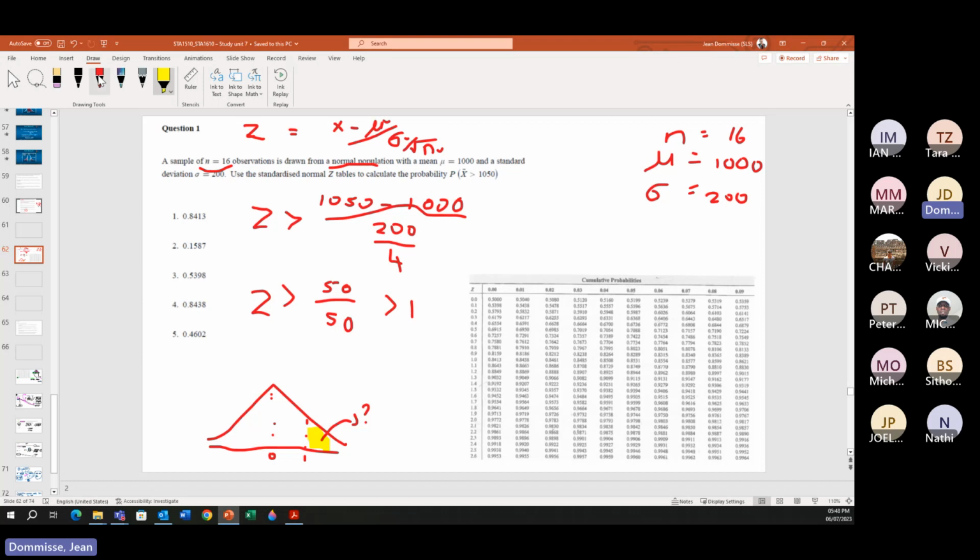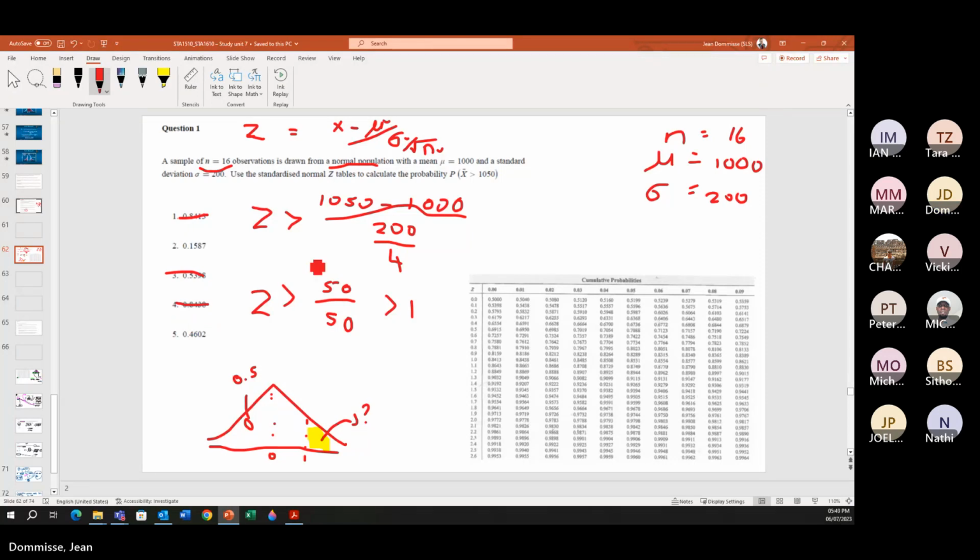We know already that this portion is 0.5. So whatever that small portion is, it is going to be smaller than 0.5. So out of these, I could have already eliminated 1, 2, 3 options.